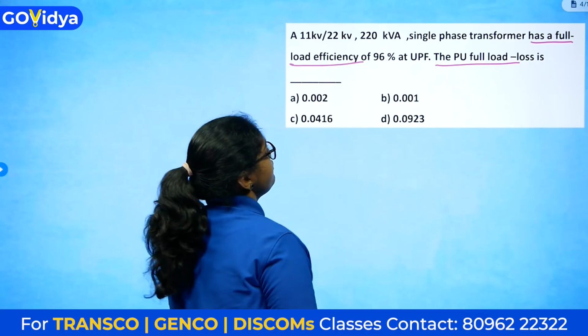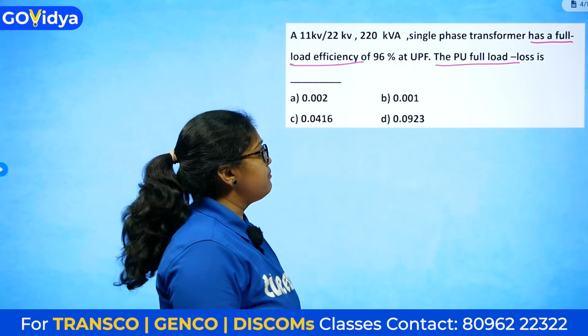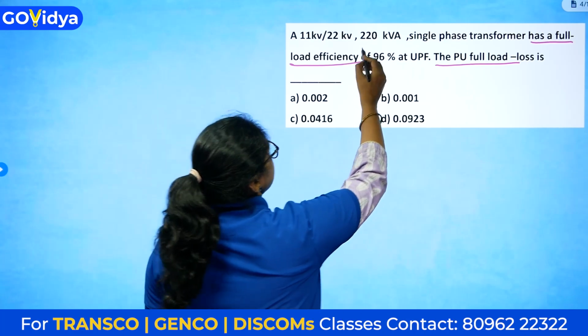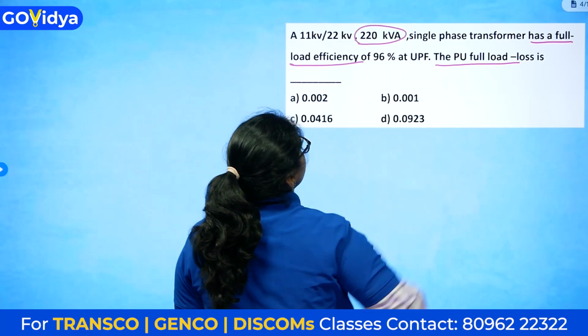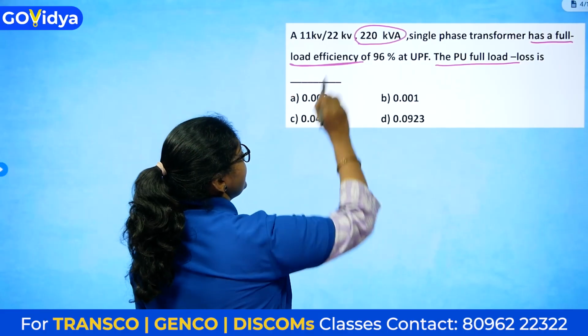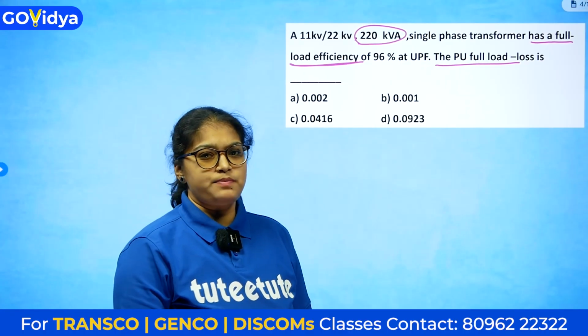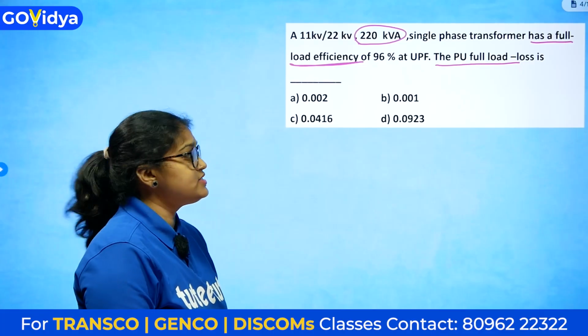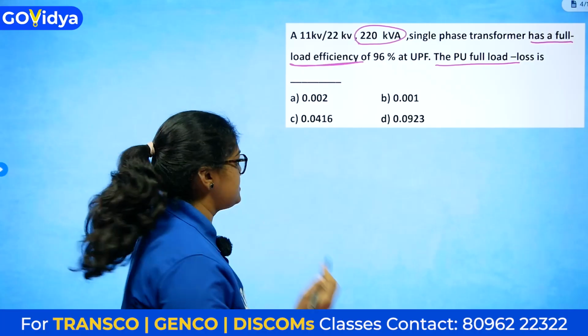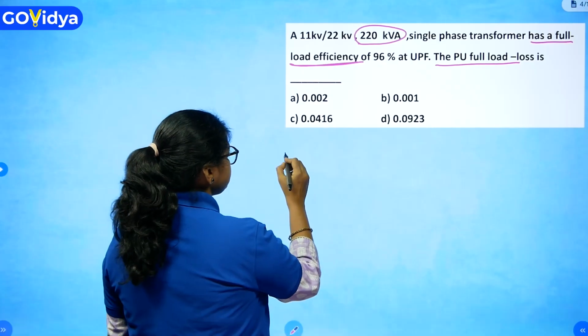It is operating at full load efficiency, nothing but maximum efficiency, and the rated kVA is given as 220 kVA. Because it is operating in the rated condition with the maximum efficiency, I can take the 220 kVA as the base power. So let's solve the problem.